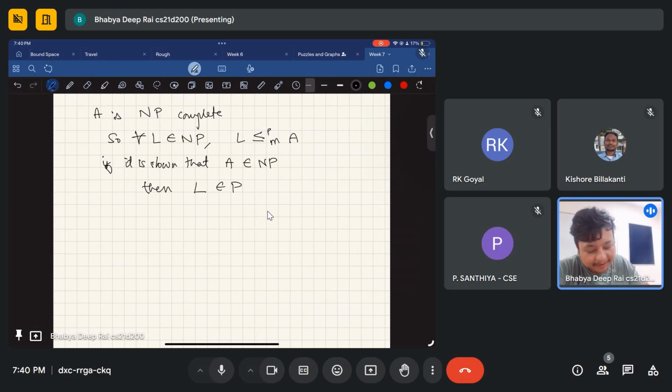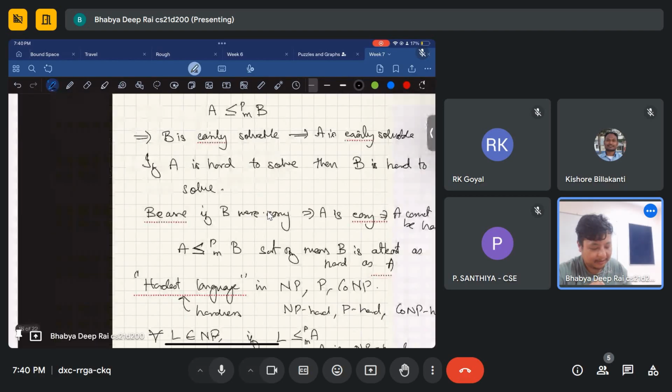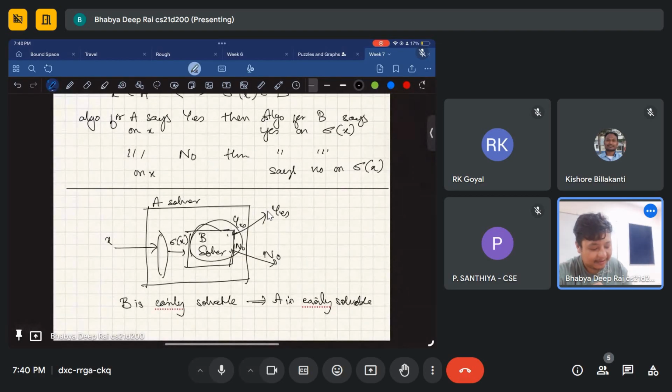If A is in P, then L is in P, because A is the smaller box here. The terms are changed between B and A, but if this box is solvable in polynomial time, and since sigma is solvable in polynomial time according to the definition of reduction, this entire box is solvable in polynomial time.